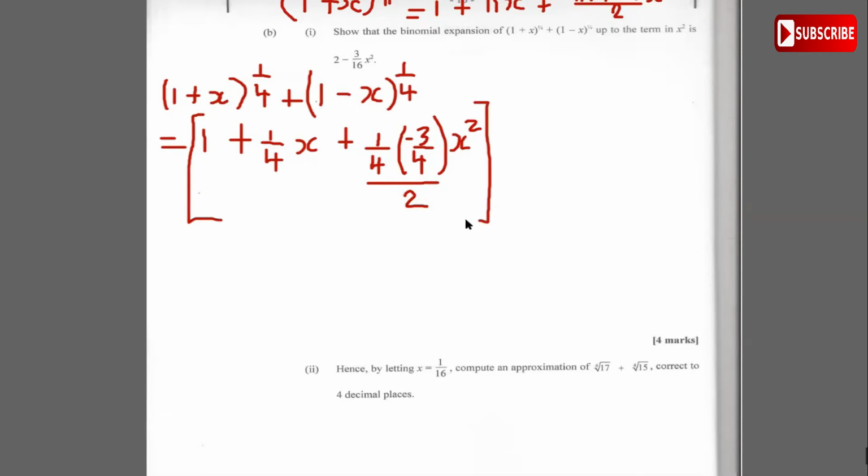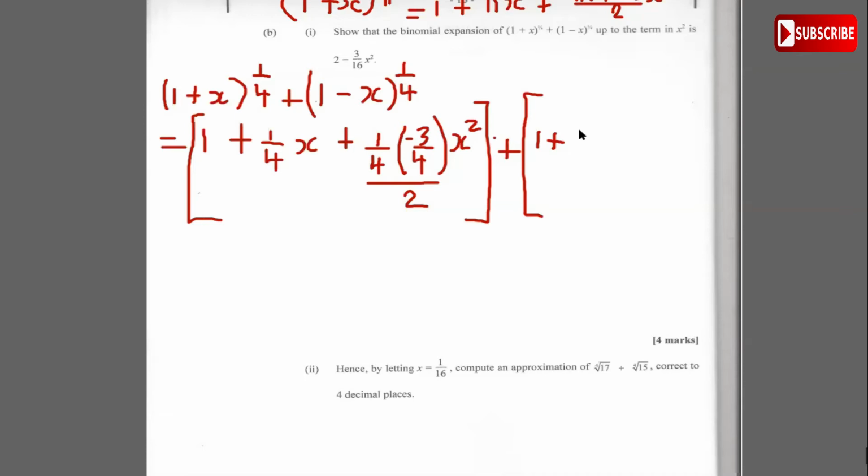So this part is for (1 plus x) to the quarter. Then we're going to need plus this part now, which is (1 minus x) to the quarter. That part is going to be plus 1 plus nx. In this case, n is a quarter, but x is minus x.